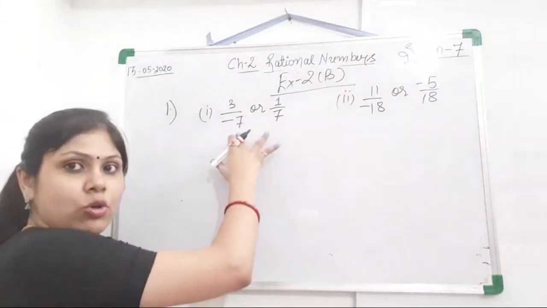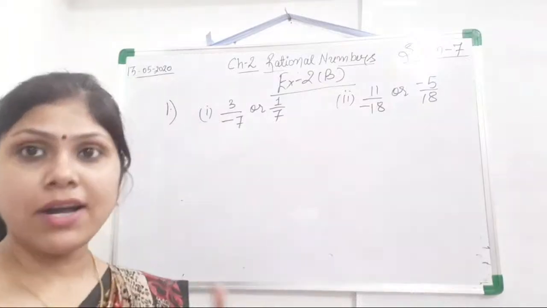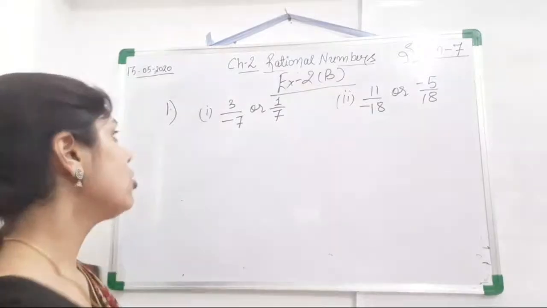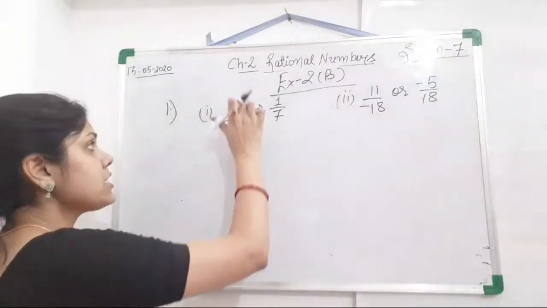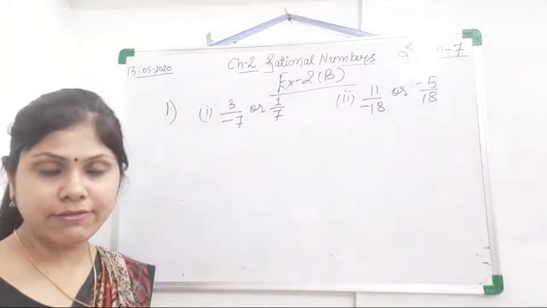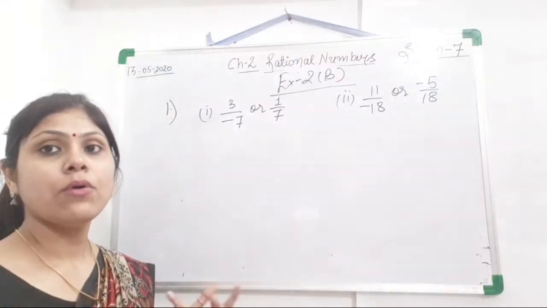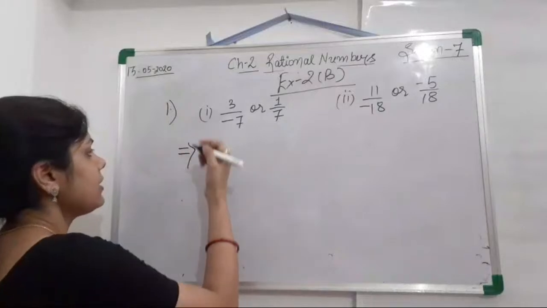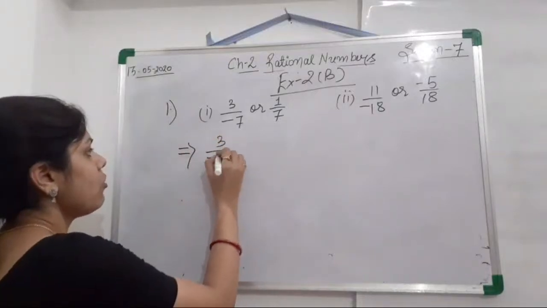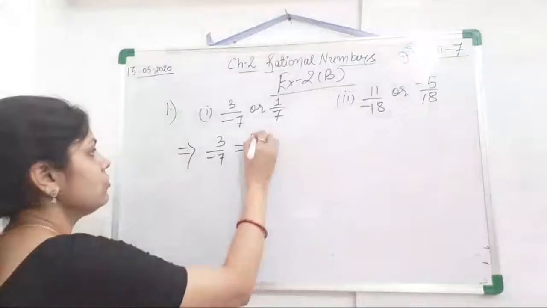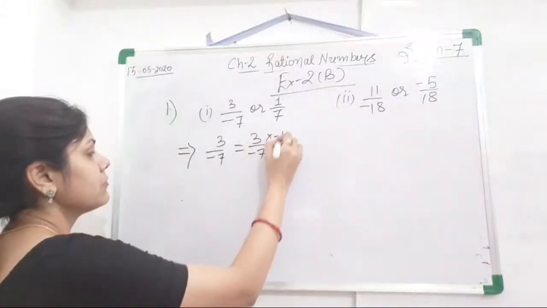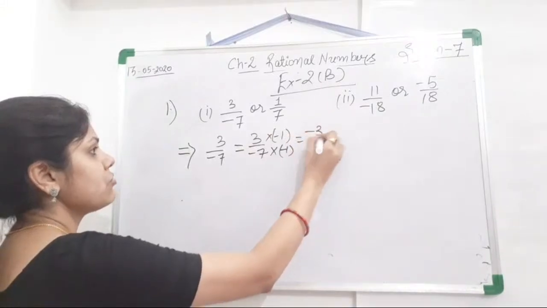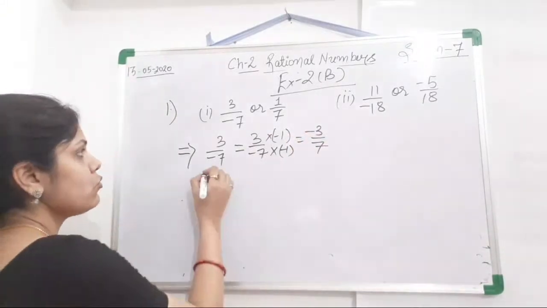You can see the numerical values are the same, but one contains a negative sign and one contains a positive sign. What will you do? First, let us make the denominator of 3 upon minus 7 positive. So 3 upon minus 7 is equal to, multiplying by minus 1, minus 3 upon 7.